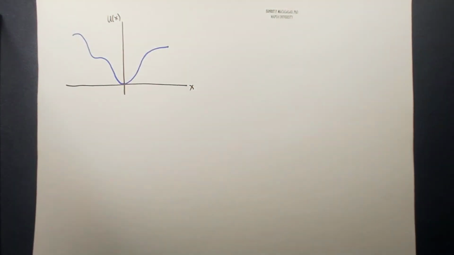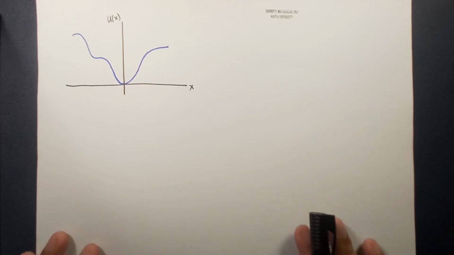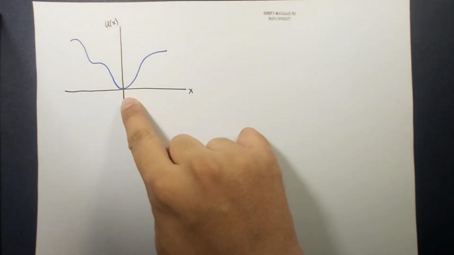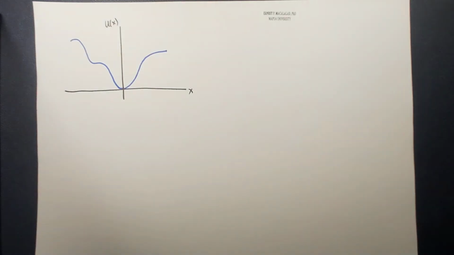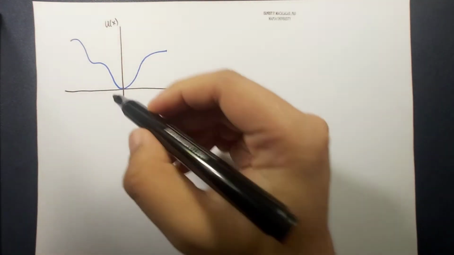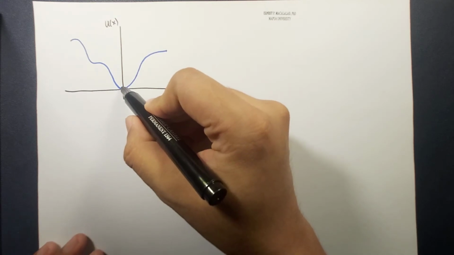As you will notice from the graph, the particle is in stable equilibrium at the origin. That means if the particle is at the origin, the particle experiences zero net force.